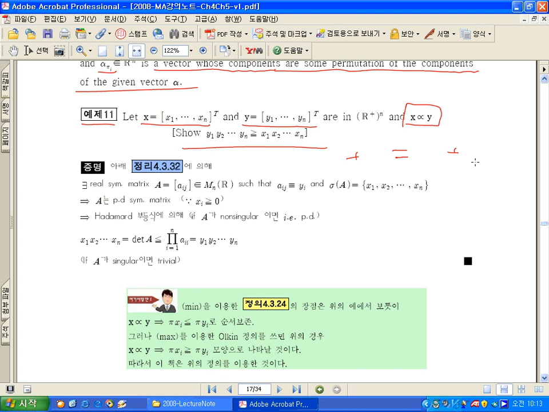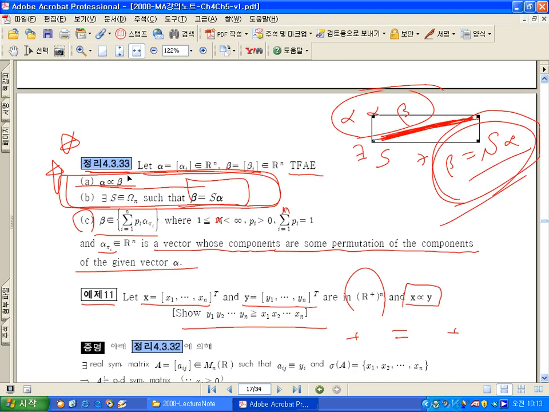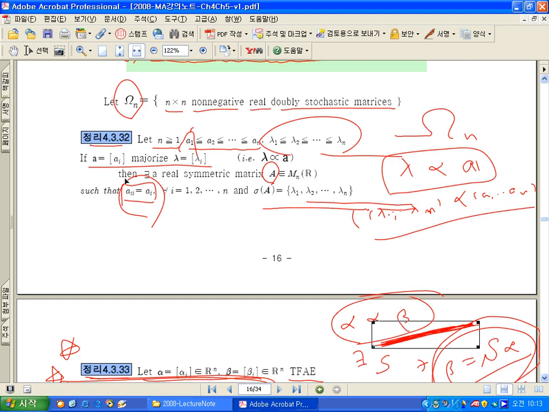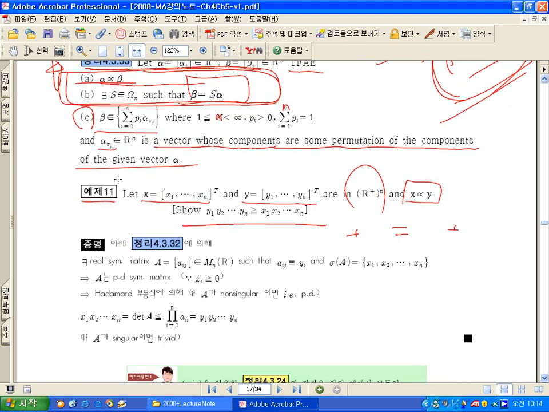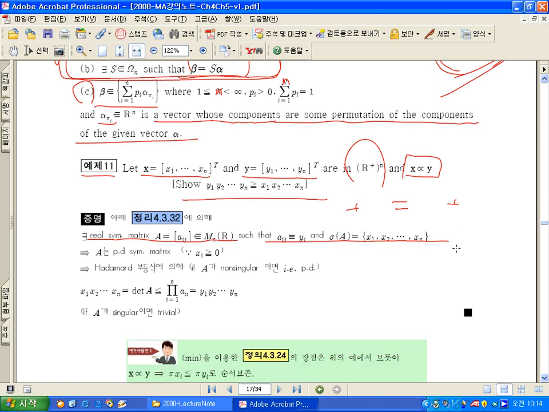But the product is different when you have non-negative entries. Okay, proof. By the previous theorem 4.3.32, there exists a real symmetric matrix A such that a_ii is equal to y_i and the eigenvalues are the x_i's.